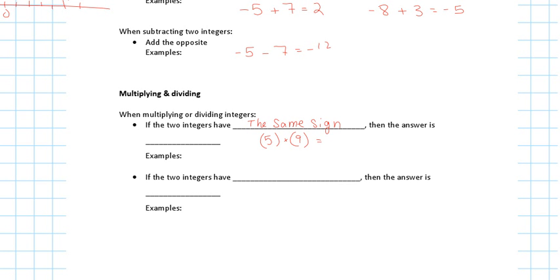Both of them are positive, and I ended up with a positive. Now how about if both of them are negative? So I have -5 times -9. What would be my answer? 45. Positive or negative? Positive.